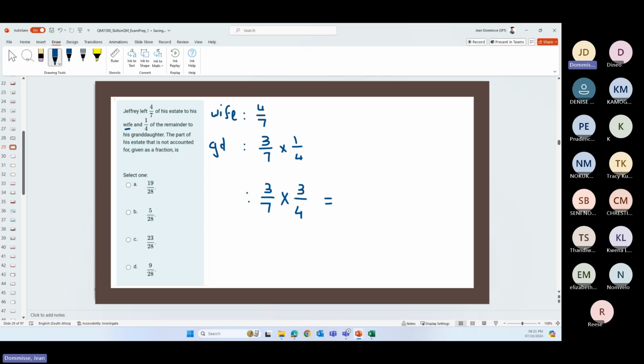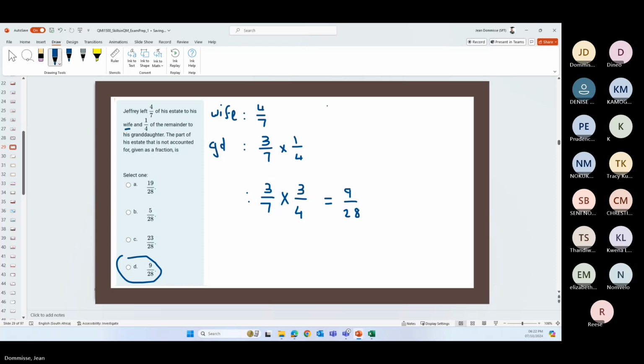That is 3 times 3 is 9, and 7 times 4 is 28. So that is a quick way to get to that 9 over 28. But let me show you just another way.